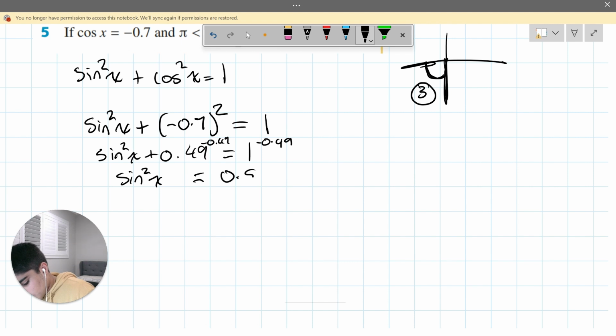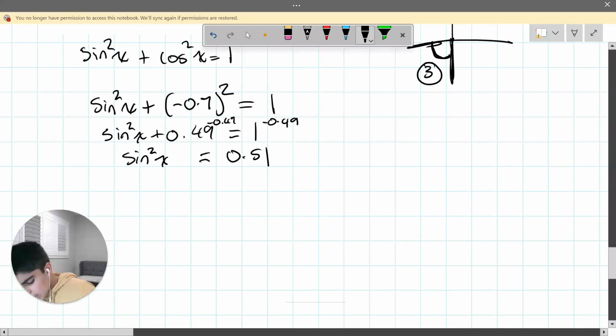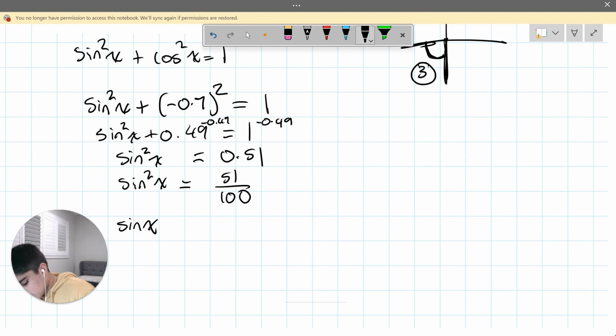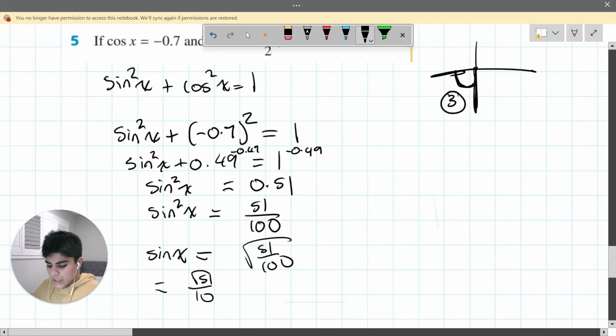Sine squared x equals 0.51. Let's write this as a fraction. Sine squared x equals 51 over 100. So sine x must equal root 51 over 100, which equals root 51 over 10.